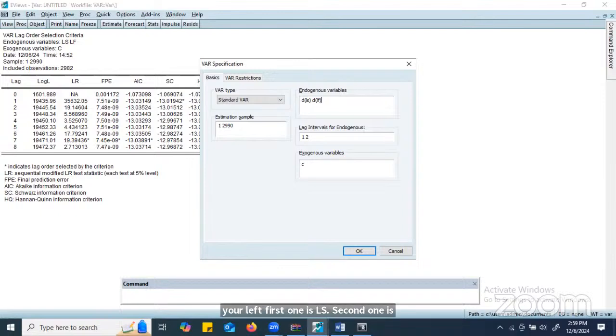D of the second one: D, open the bracket, LF, close the bracket. What is the lag length? 1, 1. One for the first equation, another one for the second equation. So it is 1, 1.